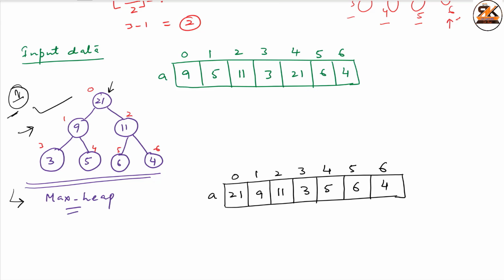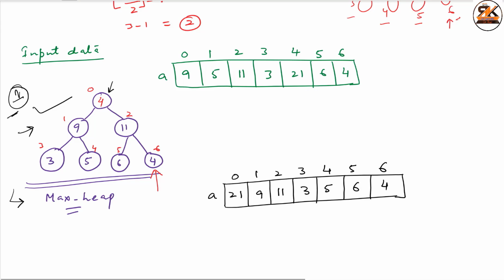Okay, we have to replace this first value that is at the root position with the last value of this tree. This 4 is the last value in this tree. So we have to replace the root value with the value of the last element. So we have to write here 4.